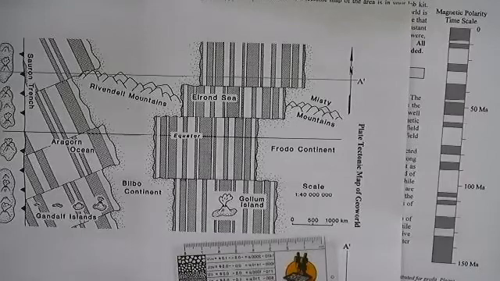And so then you're going to use that to calculate a couple of different answers. Again, the half spreading rate is how far the plate has moved relative to the ocean ridge. The full spreading rate would be all the way across the ocean, how far the Frodo continent is moving from Bilbo continent.